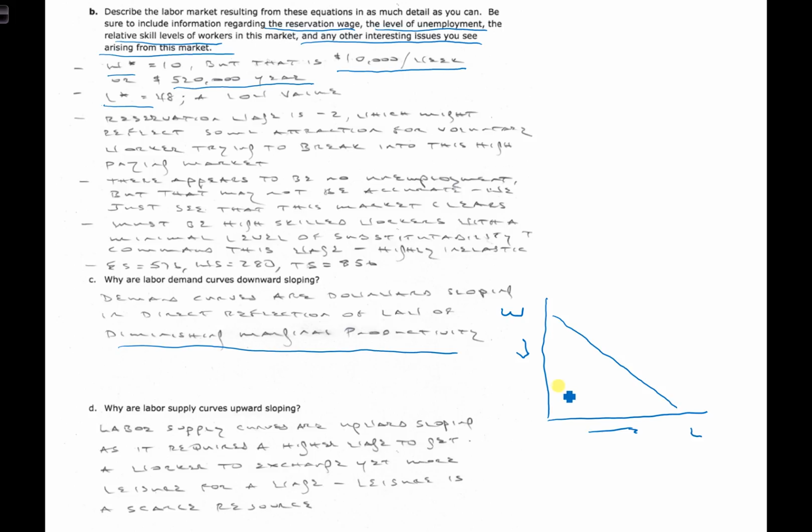So on the labor supply curve, if you're wanting me to exchange an increasingly scarce commodity, my leisure, you must pay me yet more to get me to do it. You must pay me more to motivate me to do that. So I was looking for some combination of just indicating that you need to motivate workers, and that as the number of labor hours increases, that leisure time becomes increasingly more scarce. And that's the answers to number 5.